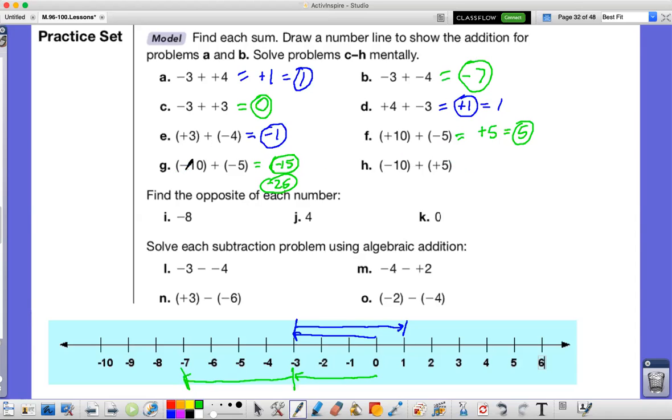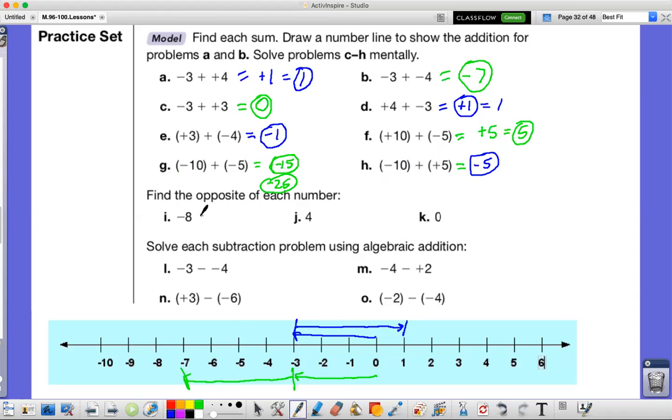But here's what the problem was: -10 plus a -5. I misspoke, and the answer would have been -15. If you did the one that I misspoke, you would have got -25. And letter H. What is the answer to -10 plus a +5? -5 would be the answer there.